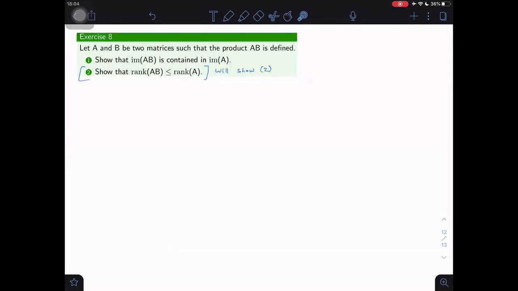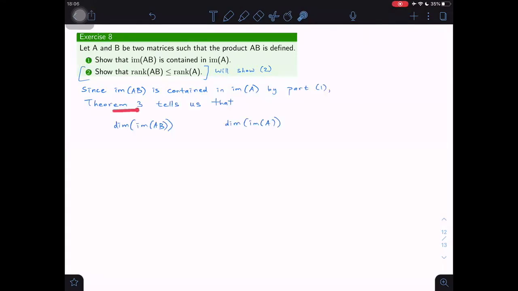The next part will be a short argument using part 1 and theorem 3. We want to show that, assuming this condition, the rank of AB is less than or equal to the rank of A. Since the image of AB is contained in the image of A by part 1 of this exercise, theorem 3 tells us that the dimension of this subspace is smaller or equal to the dimension of this subspace.